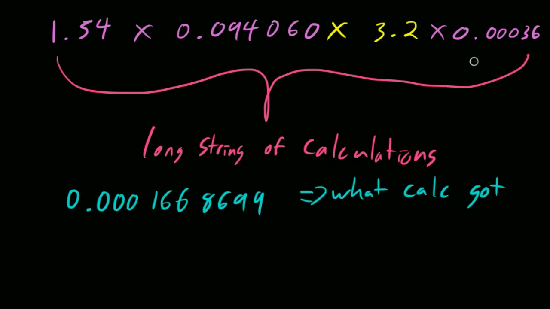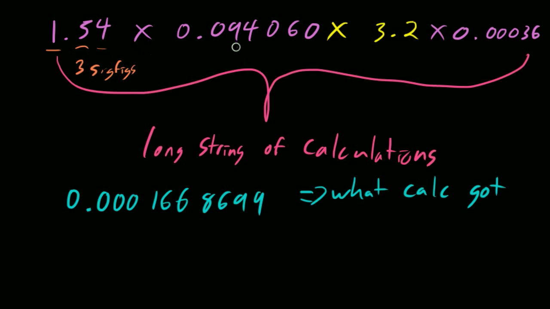Since we're just learning significant figures right now, it might be a good exercise to count how many significant figures we have in each of these numbers. So how many are in this first number? Well, all of these digits are significant, right? So we've got 1, 2, 3. We've got 3 sig figs.